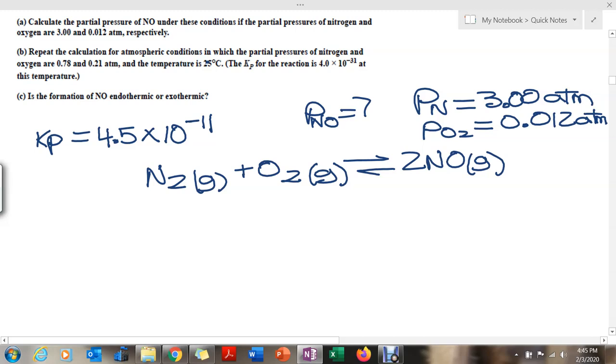Okay, it doesn't say that it's initial, because it's under these conditions, and they're giving you the Kp.